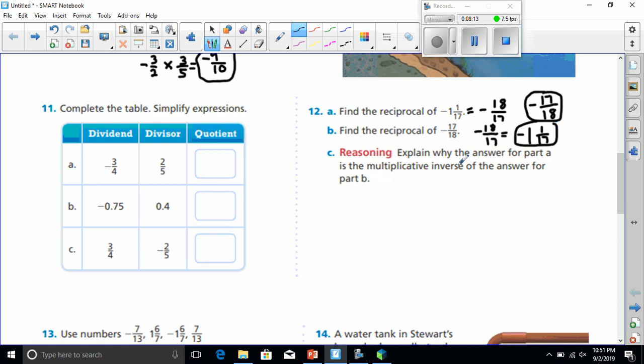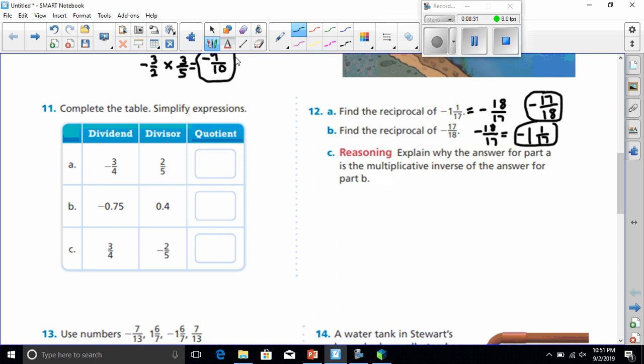Now it says, explain why the answer for part A is the multiplicative inverse of the answer for part B. Well, multiplicative inverse means, again, that I can multiply them together and get 1.